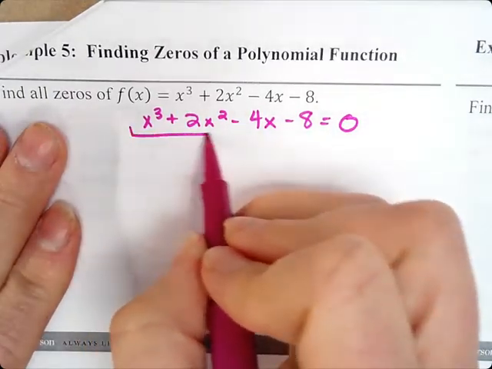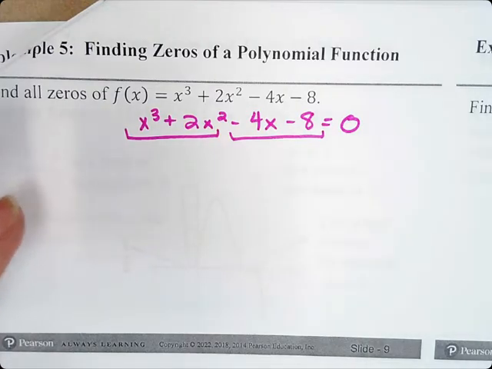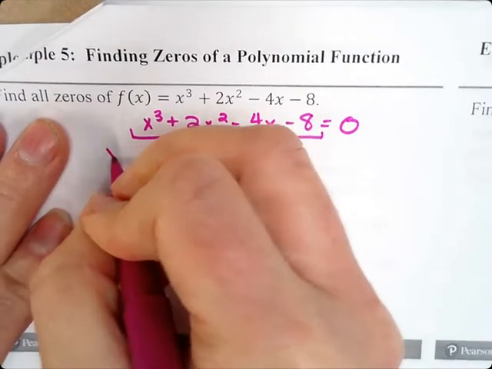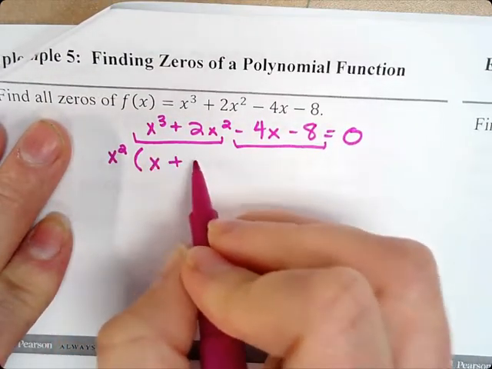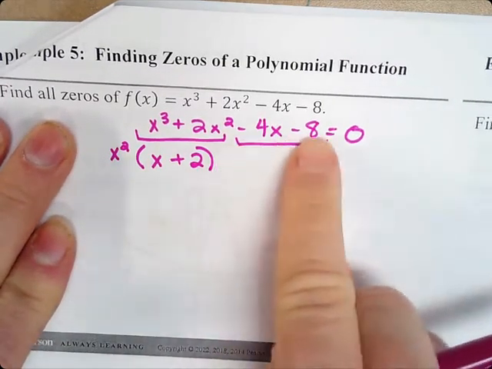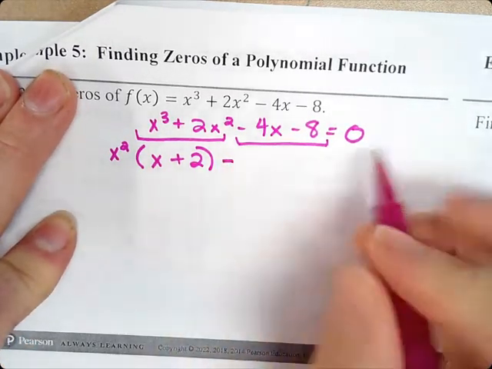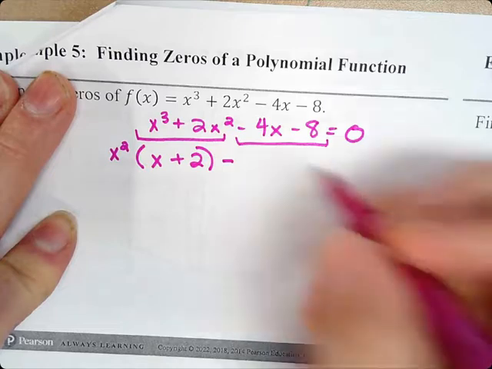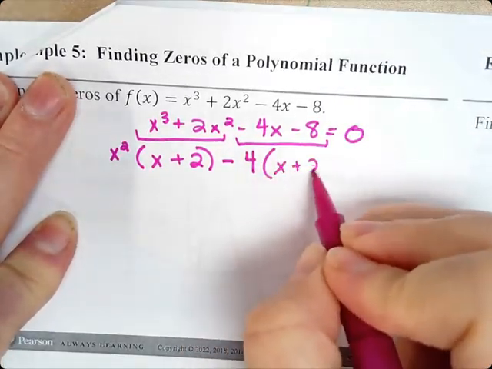So I'm going to look at these two together and then look at these two and see if I can factor something out. x squared can be factored out, leaving us with x plus 2. And then these two both have a negative, so we're going to factor out a negative 4. And then x plus 2.